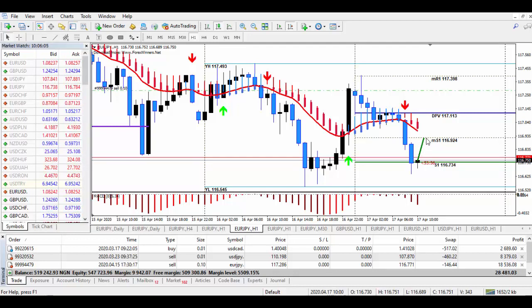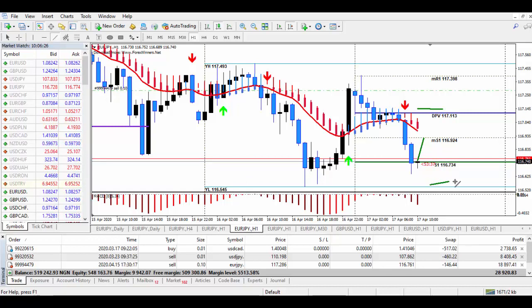So you can still look forward to placing a sell and put your stop loss just above this level here. And of course, your take profit should be just above the lowest price of yesterday.